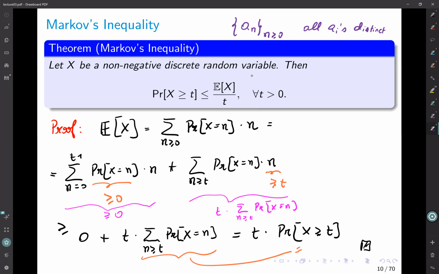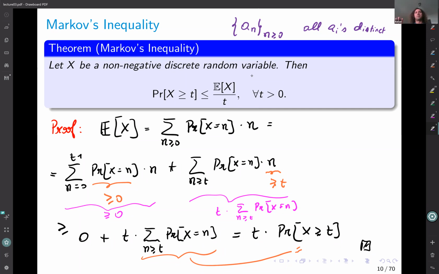Otherwise there are probability rules that say it has to converge. No, if the expectation of X is infinity, this inequality holds trivially, because your probability is less than or equal to 1.